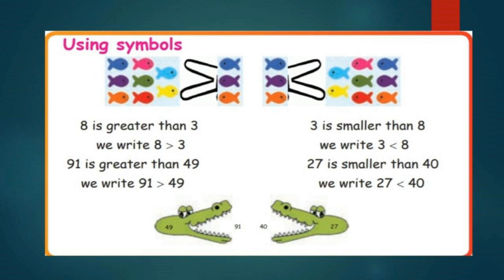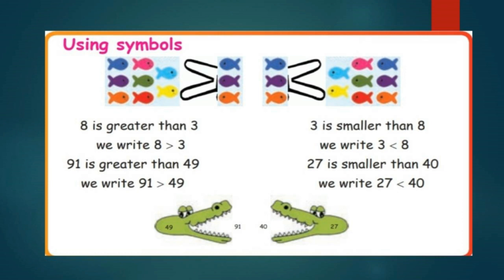Next one, 91 is greater than 49. Which is the greater number, 91 or 49? Yes, absolutely correct, 91. So we must open the mouth towards 91. Look at this side. 3 fishes are there.